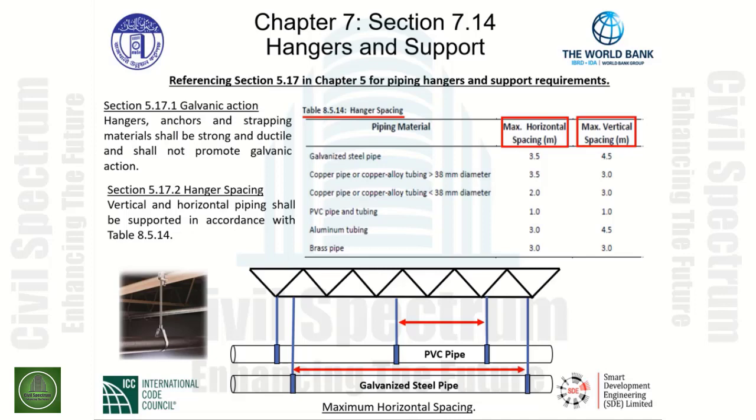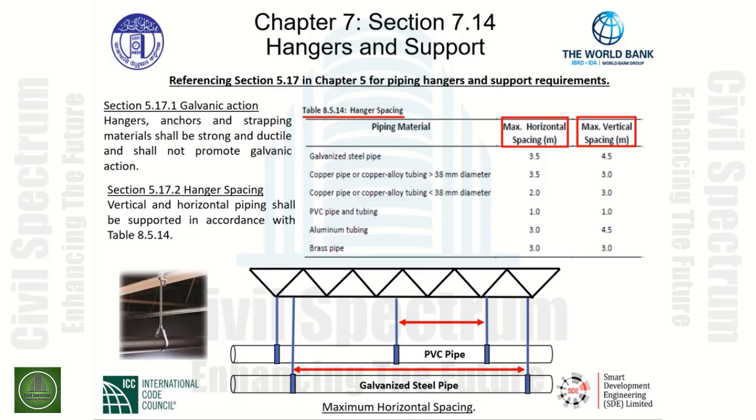If we have galvanized steel pipe to be supported, we need to enter the table's piping material. Galvanized steel pipe, in the application as indicated in the drawing, we want to know the maximum horizontal spacing for galvanized steel pipe.